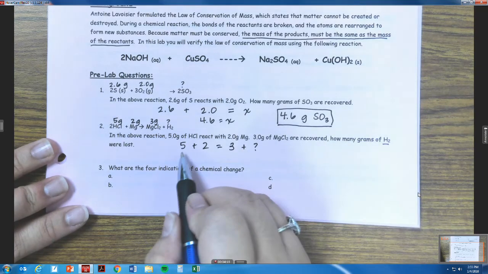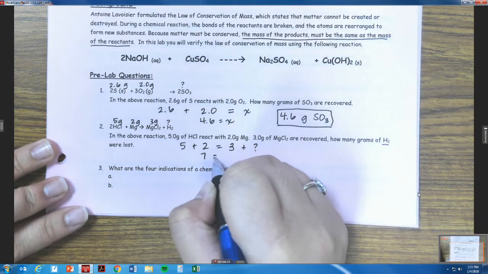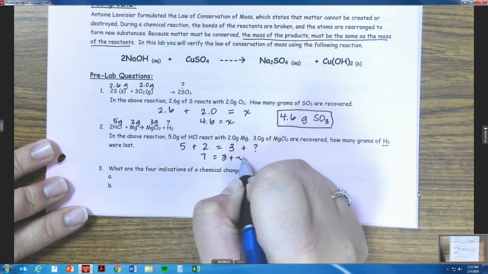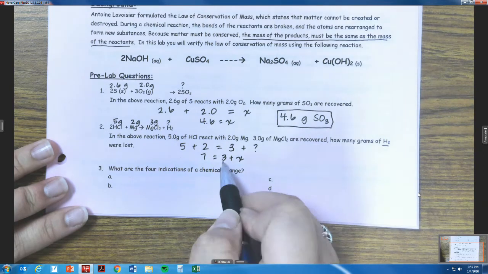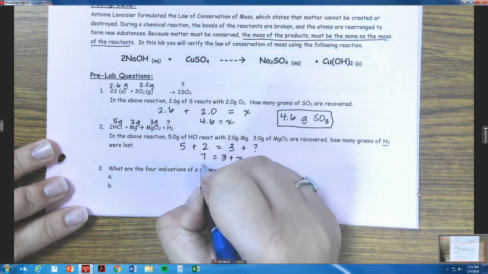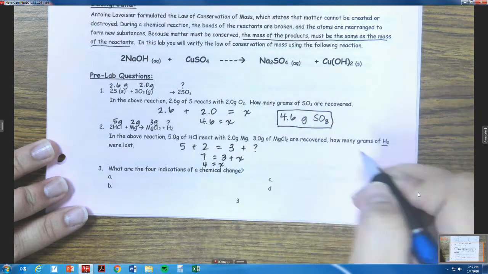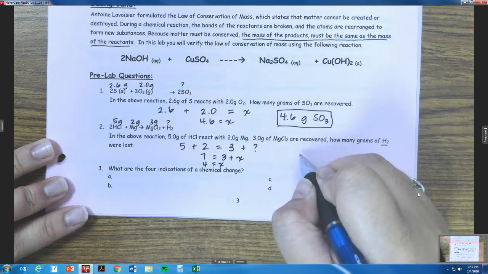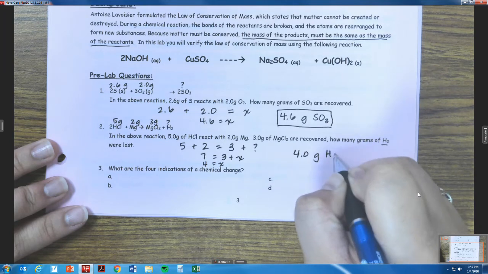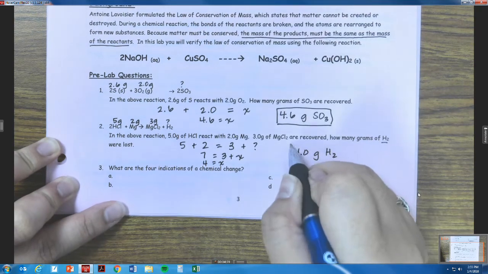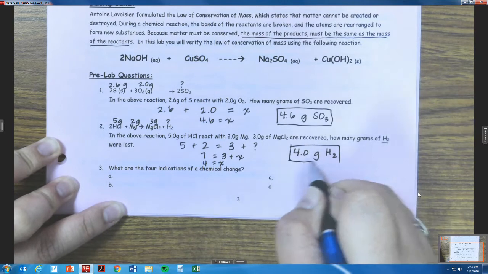Okay, so 5 plus 2 is going to be 7 equals 3 plus X. So again, algebra: subtract our 3 from that 7 and we get 4. So X equals 4. That means that 4.0 grams of hydrogen was lost in that reaction.